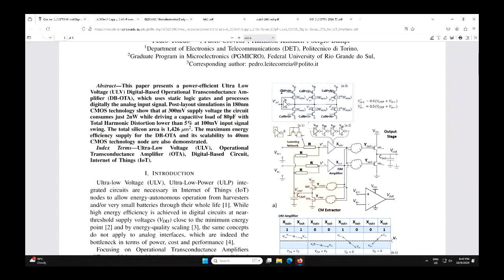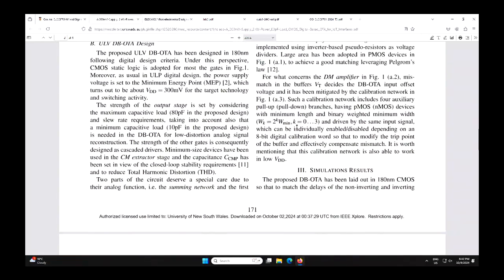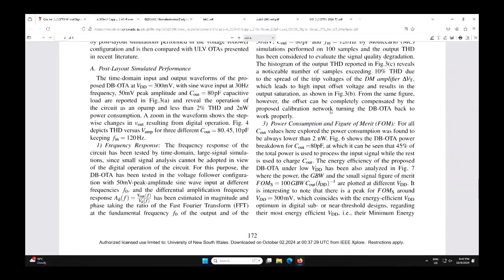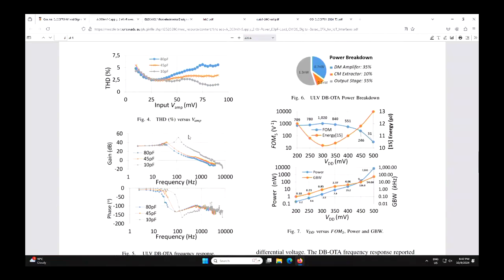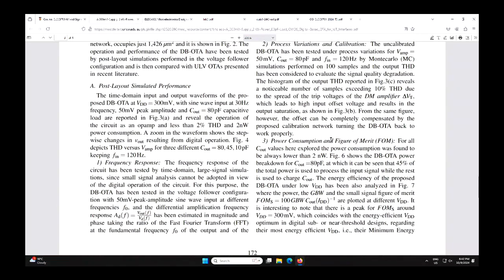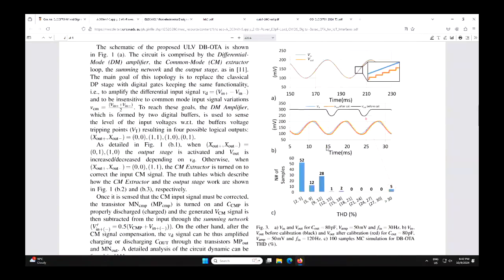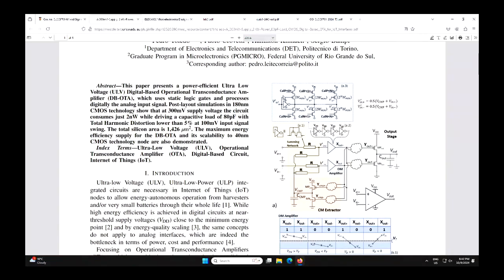He used many calibrations. I think this is to compensate for the process variation by inputting a different calibration word.